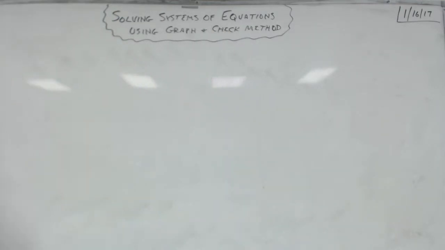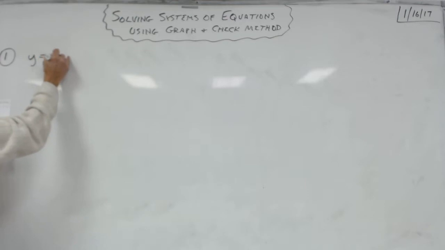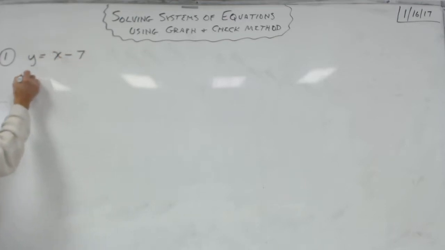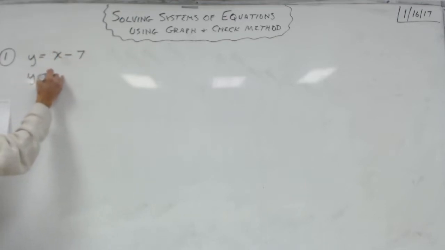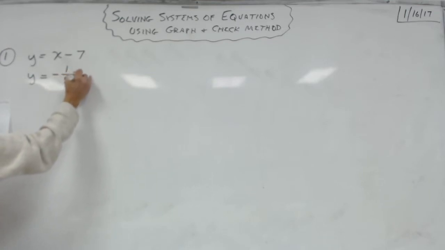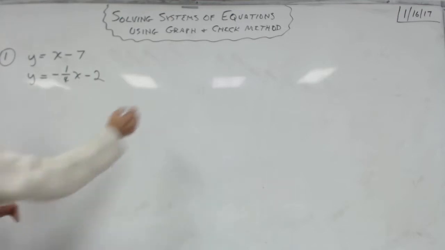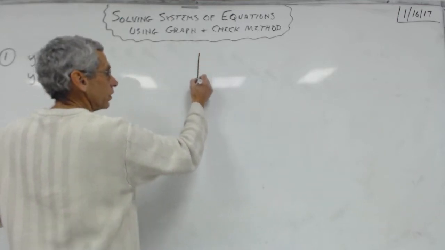So let's just do our first one. Our first system, I give you two equations. y is equal to x minus 7, and y is equal to negative 1/4 x minus 2. All right, and I'm going to draw my graph here.